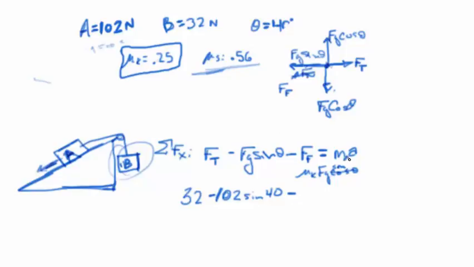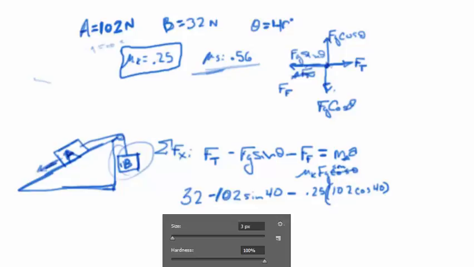And this is mass A, right? But this would be 0.25 times 102 times cosine of theta. Maybe we'll get the right answer. I don't know. 32.